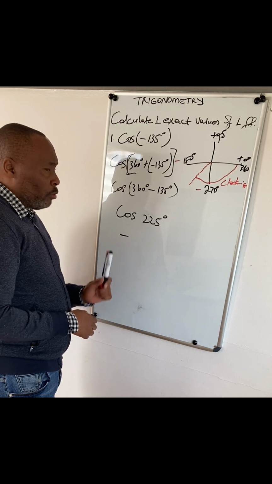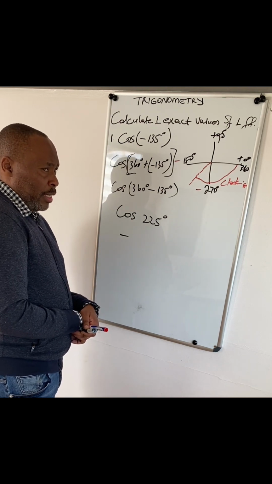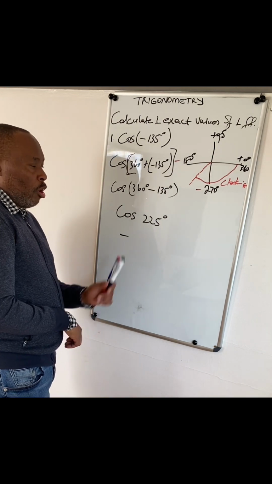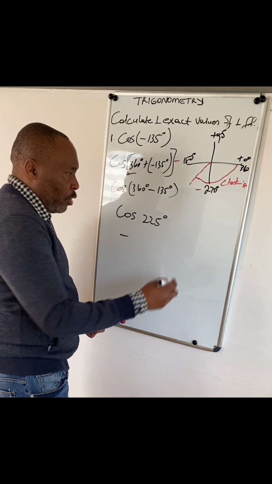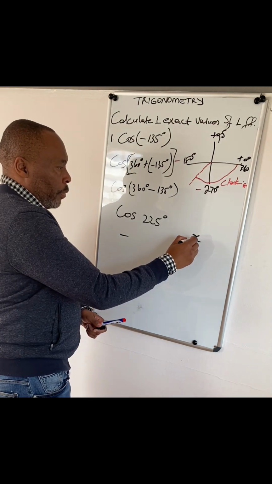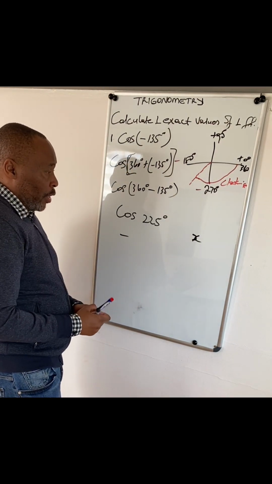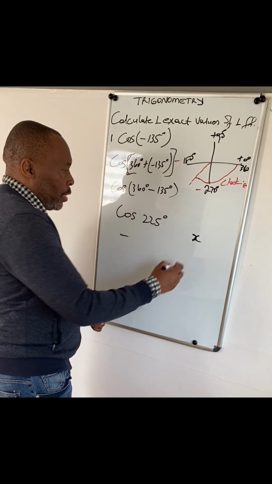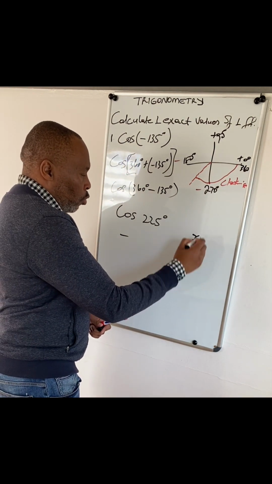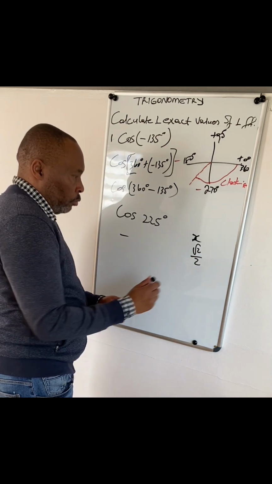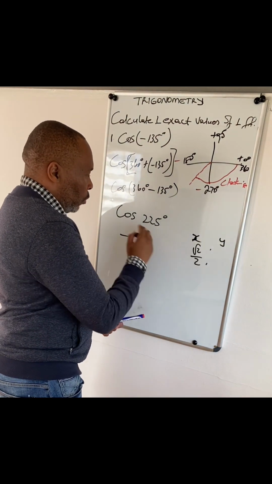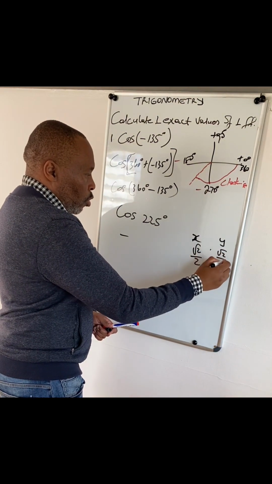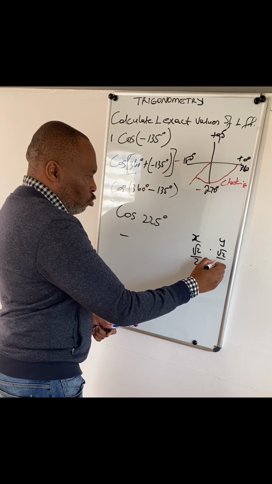And then once you found that cos is negative in the third quadrant and you are at 225, you are looking for values now of cos, and the cos values are the x values in our exact values, and the exact values at 225, the x value is root 2 over 2. Even the y value at 225, just like at 45 degrees, is root 2 over 2.